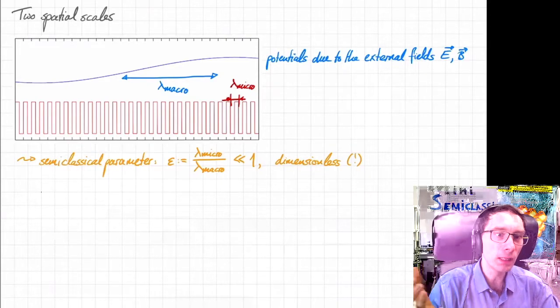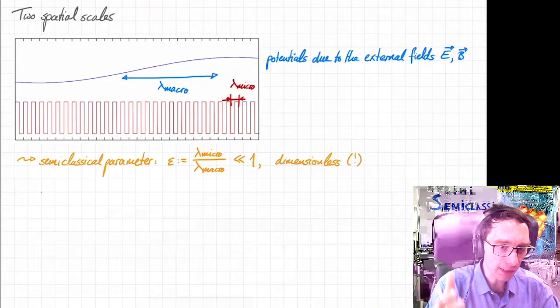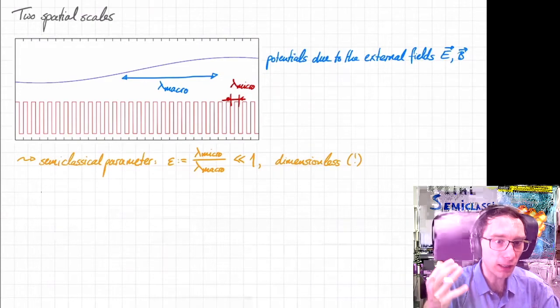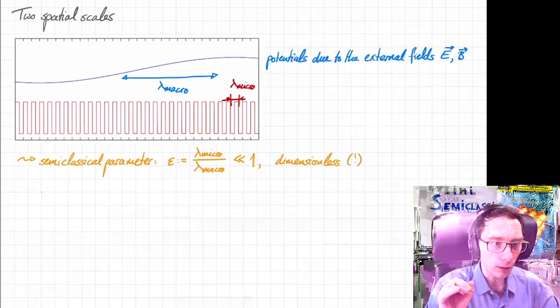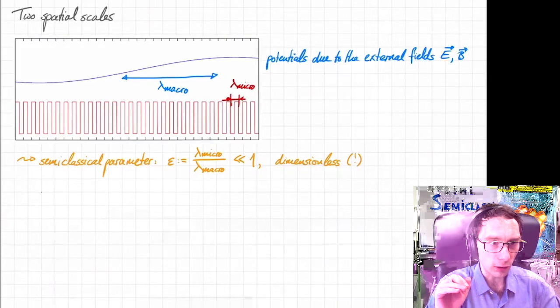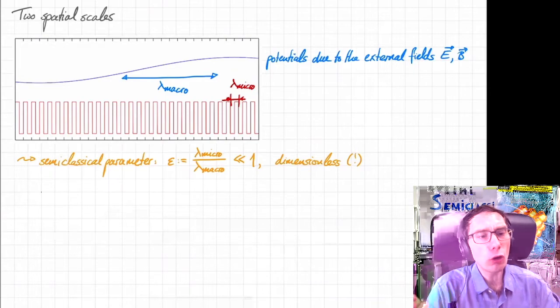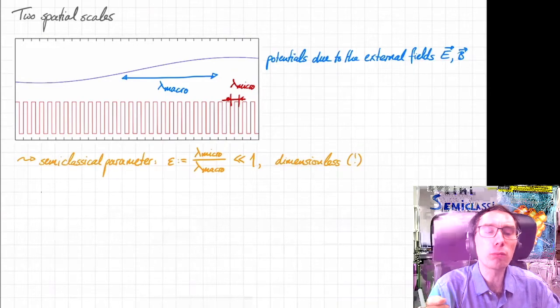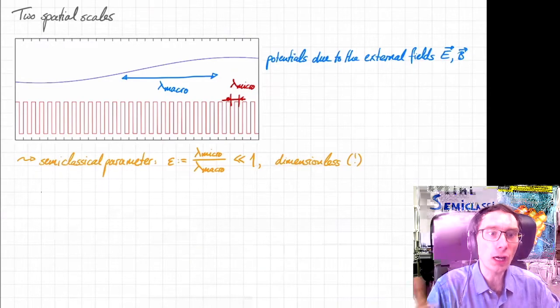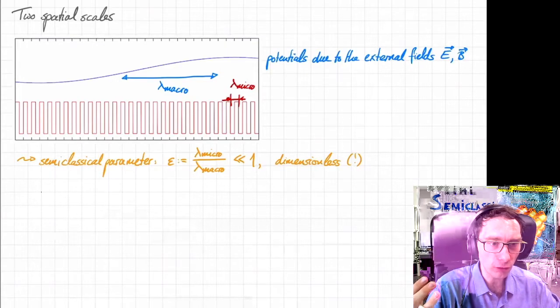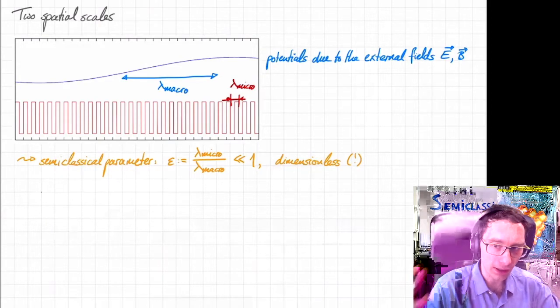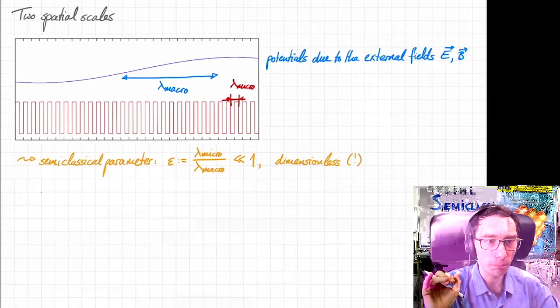But here I'm taking the ratio of two length scales, and that means that inherently this quantity here, epsilon, is dimensionless. Why do I call this the semi-classical parameter? Well, if epsilon is small, under certain additional conditions, you will see that indeed the semi-classical approximation is valid when epsilon is small, and the error can be quantified in powers of epsilon.